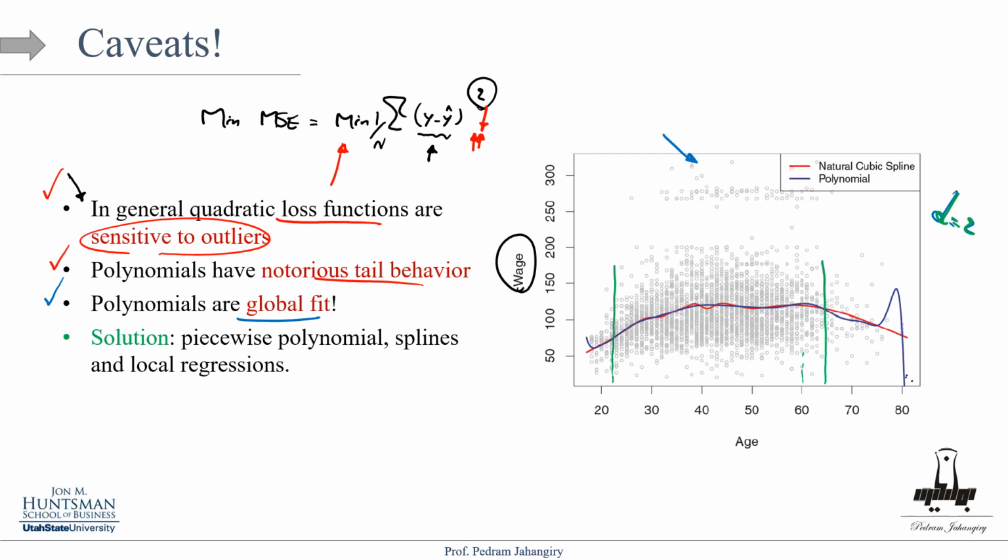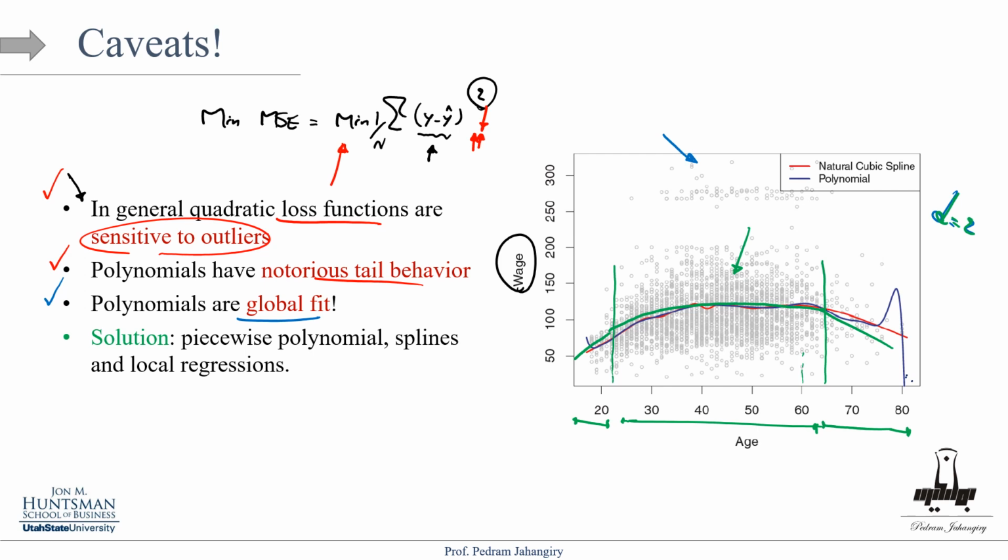So let's split the data into 3 sections: when age is less than 25, when age is greater than 65, and when age is between 25 and 65, right? If I split the data into 3 sections, I can use different fits. Here I can use a fit like this, here a fit like this, and this is what we call piecewise polynomials, or splines and local regressions, right?